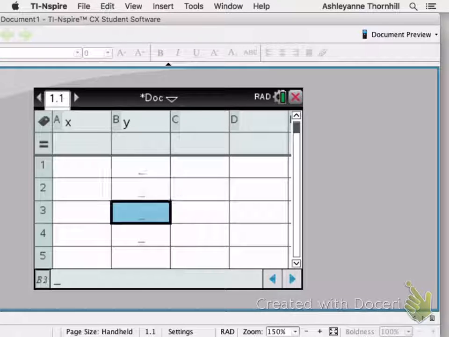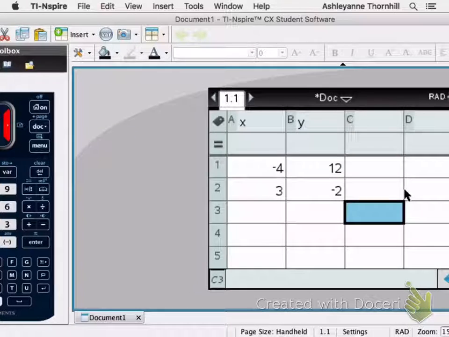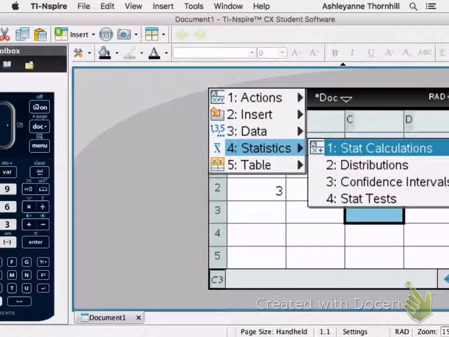There's not really a right or wrong. Just delete it until there's no little dashed line. And then I'm going to plug in my x points, negative 4 and 3, and then my y values, 12 and negative 2. Then I'm going to hit menu 4, 1, 3.